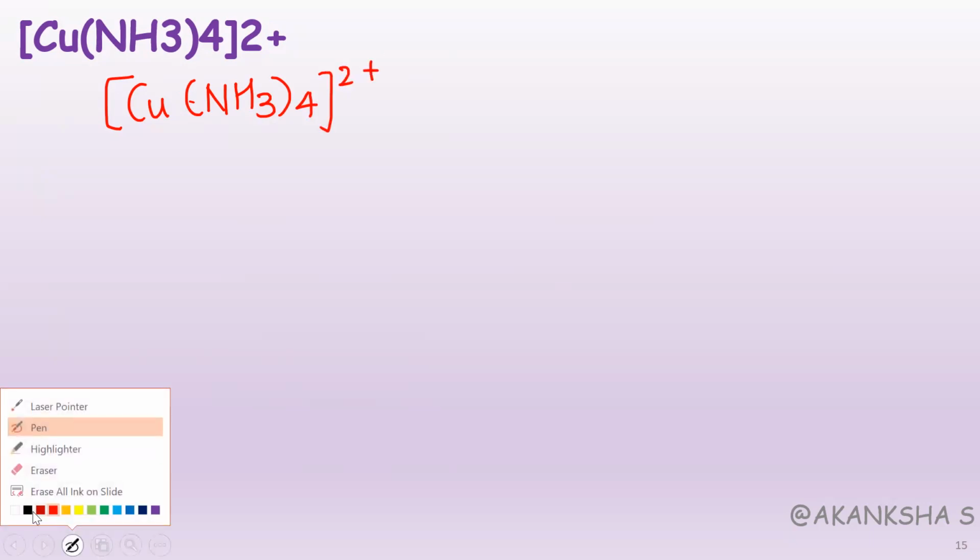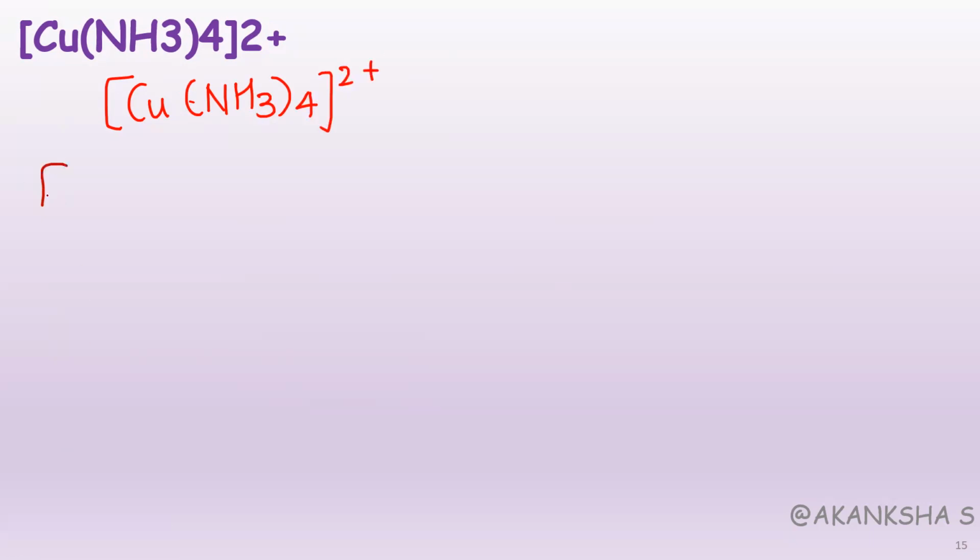Next one. Now we again have an ion. We don't have a complete complex. Okay. So we have Cu(NH3)4 2+. Step number 1. Step number 1 is constant. Find the oxidation state of copper. Correct?